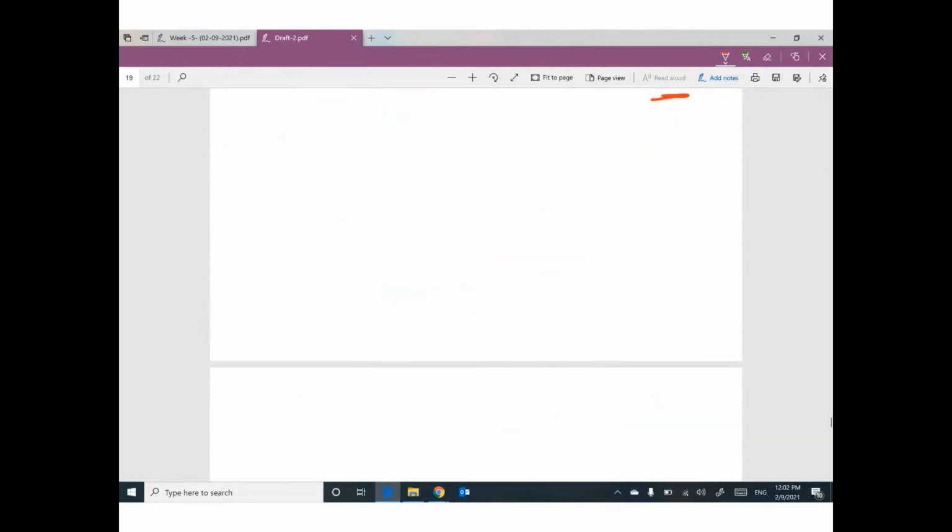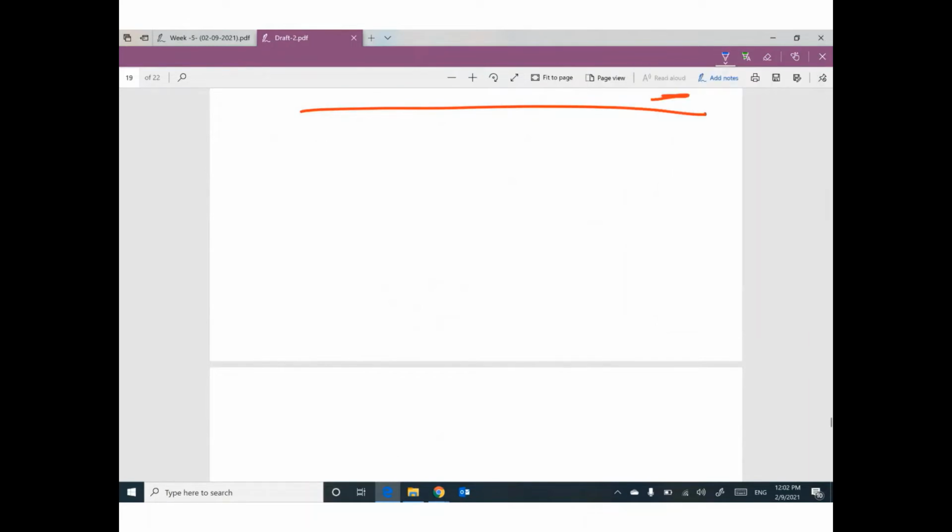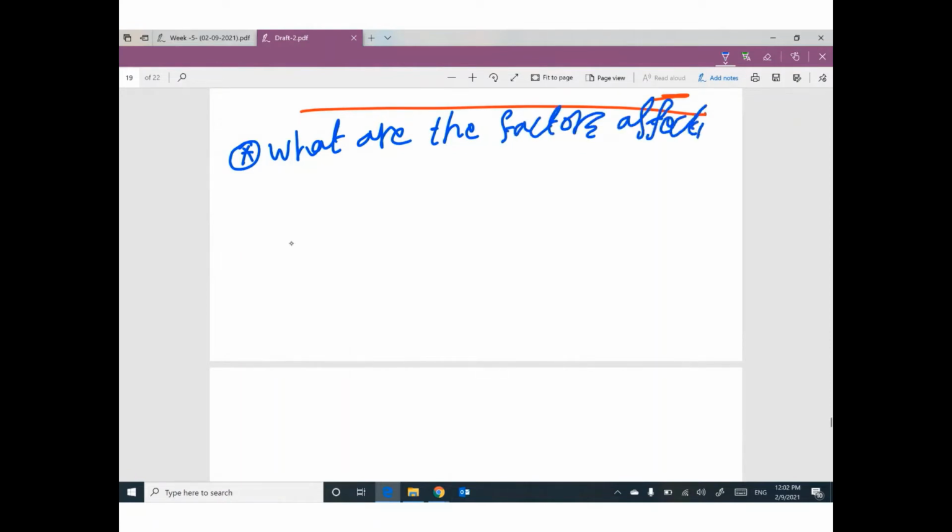Probably during the exam, by the way, this exam is open book, open note, I will ask you a question saying, hey, what are the factors affecting the amount of friction losses?